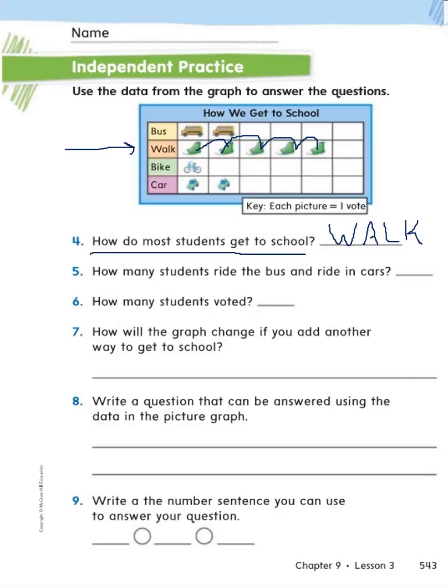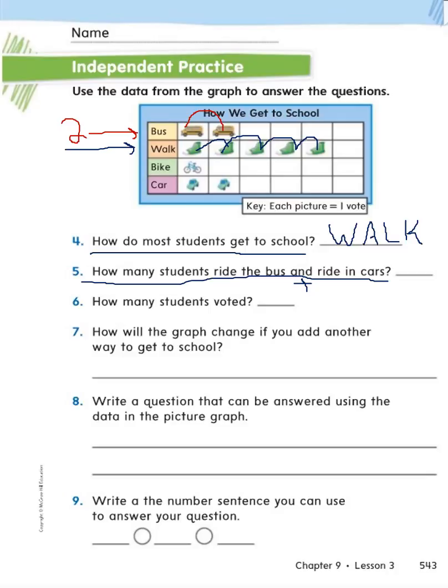All right, question 5. How many students ride the bus and ride in cars? And is another way of saying plus. So how many students ride the bus and ride in cars? Well, we look at the bus row and we see 1, 2.